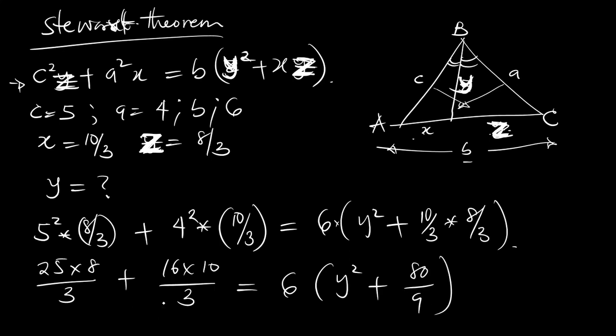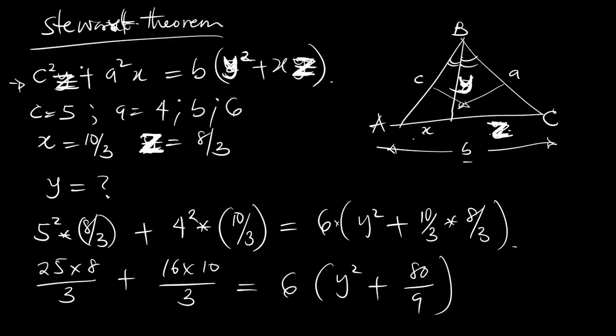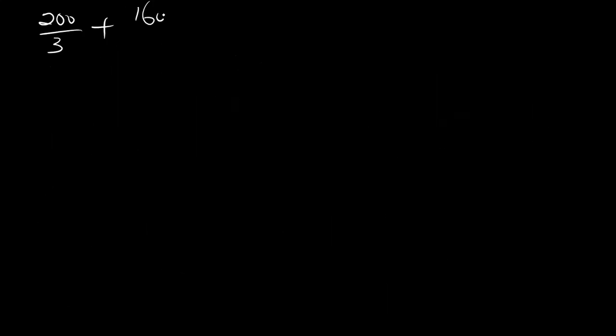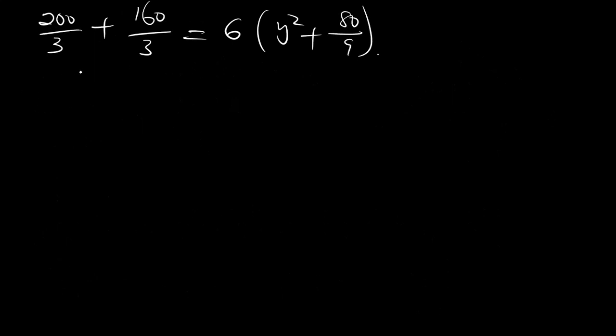So we now have 25 times 8 will give you 200 divided by 3, plus 16 times 10 will give you 160 divided by 3, equal to 6 into y squared plus 80 all over 9.